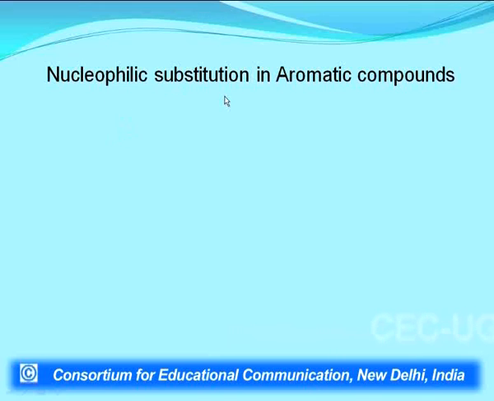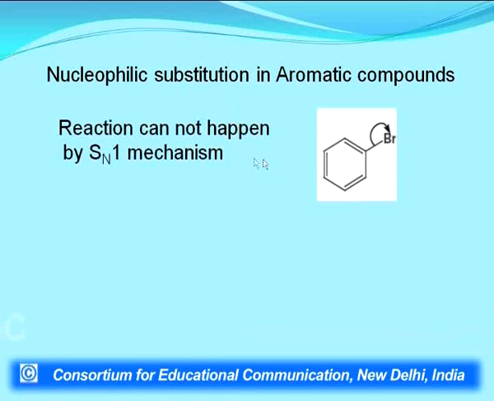Now, this nucleophilic substitution in aromatic compounds, as we said, does happen, but this reaction cannot happen by the SN1 mechanism. We are comparing with the SN1 mechanism which we had discussed in aliphatic compounds, that is in alkyl halides, because we have said this carbon-halogen bond is now a stronger bond, and this bond is cleaved in the SN1 mechanism just by the polarity of the solvent.